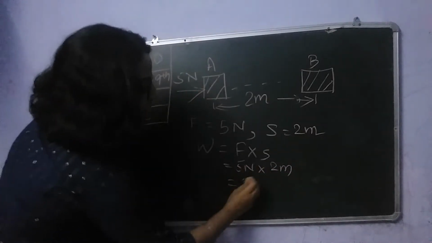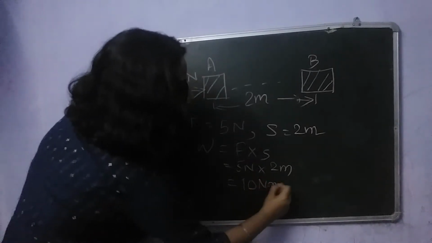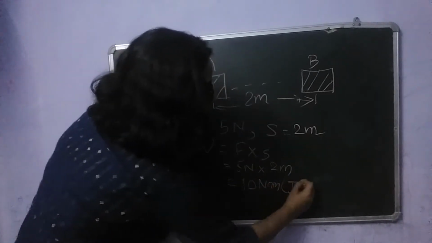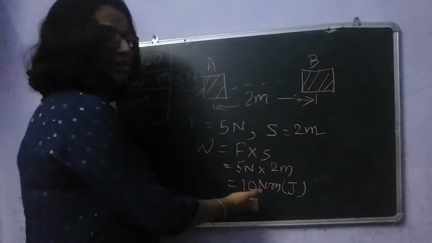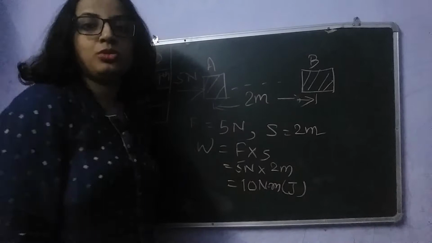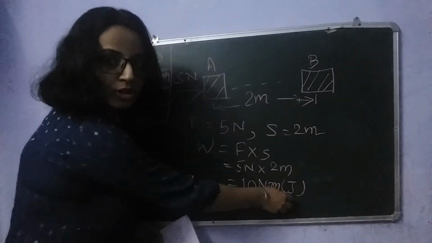So 5 times 2 is 10. So 10 Newton meter or joule. You can represent either Newton meter or joule, both are correct. So here the work done is equal to 10 Newton meter or joule.